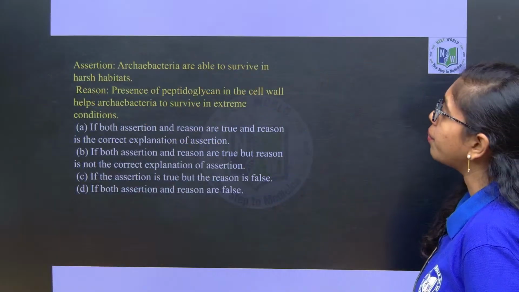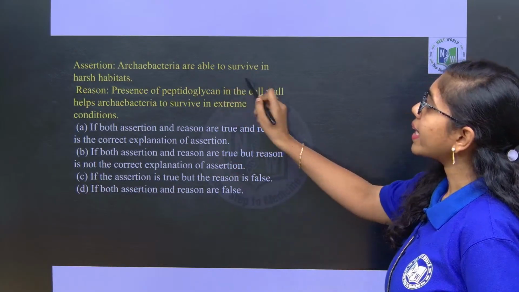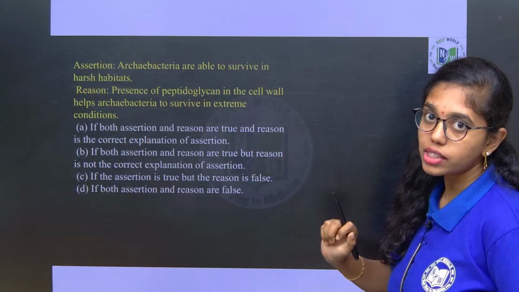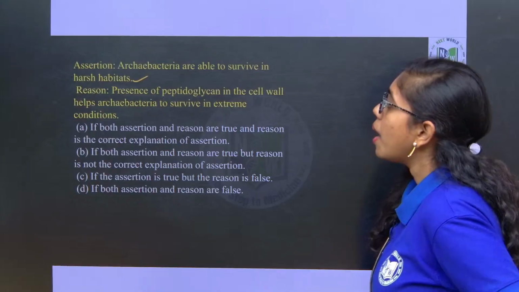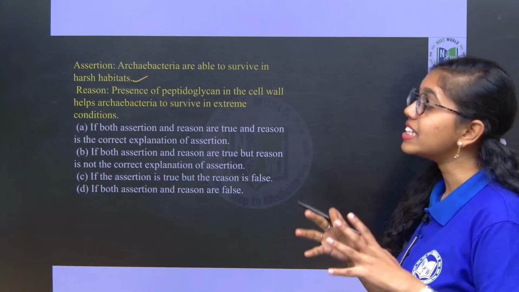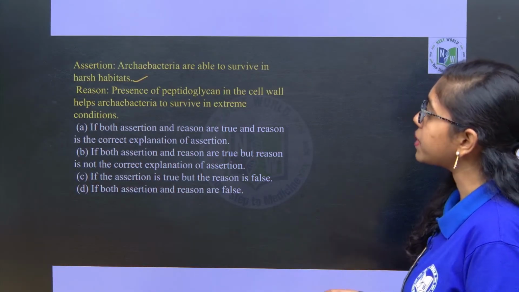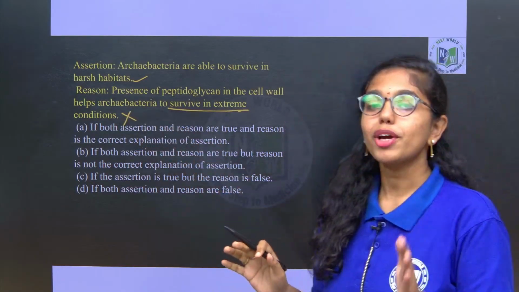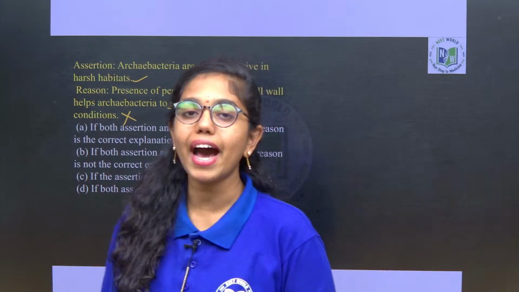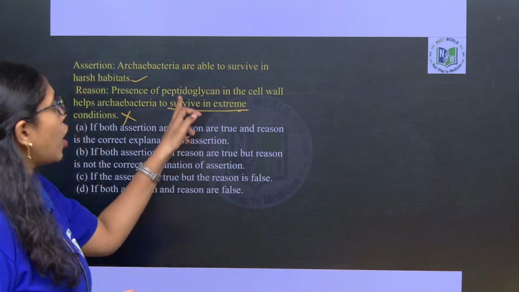Next, the assertion: archaebacteria are able to survive in harsh habitats. Correct, they are able to survive in harsh habitats. Next, the presence of peptidoglycan in the cell wall helps archaebacteria survive extreme conditions. Wrong, because the cell wall of archaebacteria is not peptidoglycan.